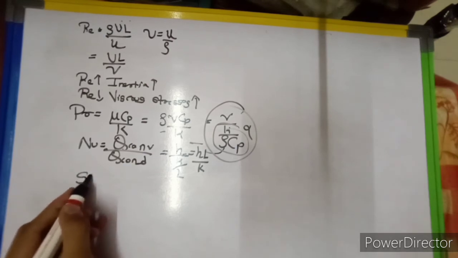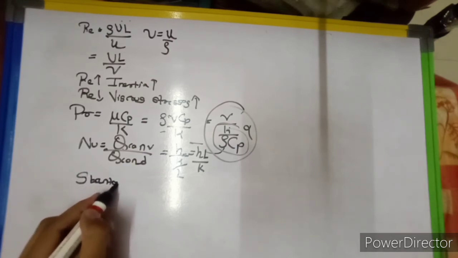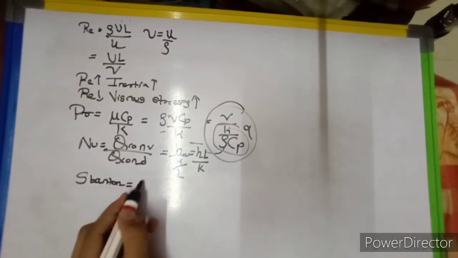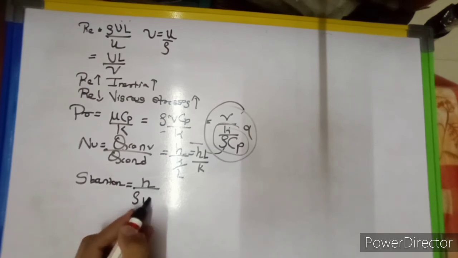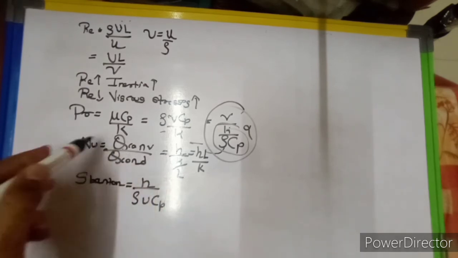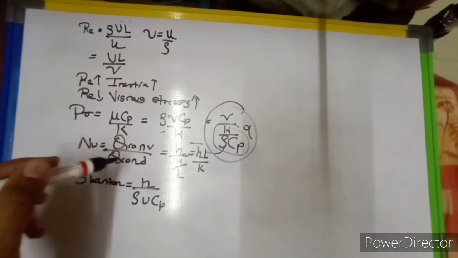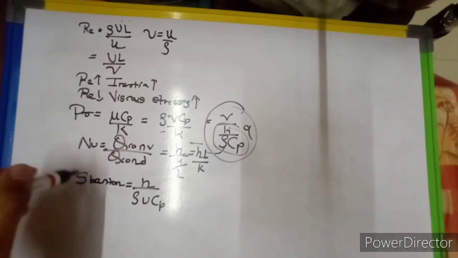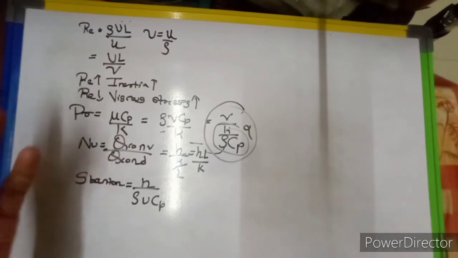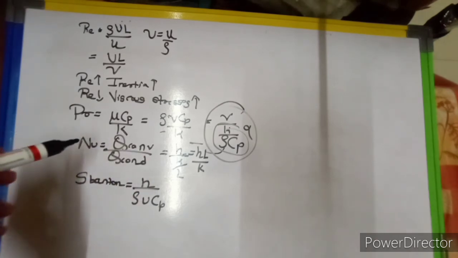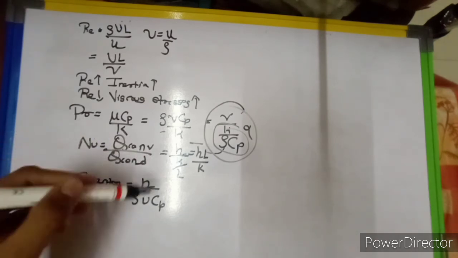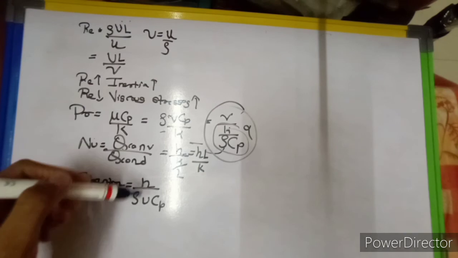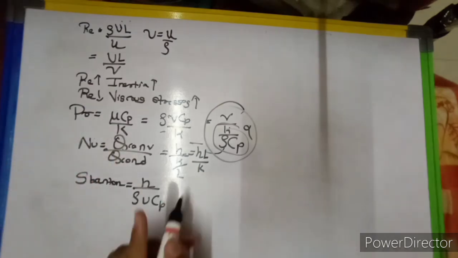And the Stanton number is equal to h upon rho U Cp. Sometimes in competitive exams they will ask what the relation is between Stanton, Nusselt and Prandtl numbers, or they will give some values and tell you to find Stanton. Here nowhere can we see the relation, but we have to make the relation.